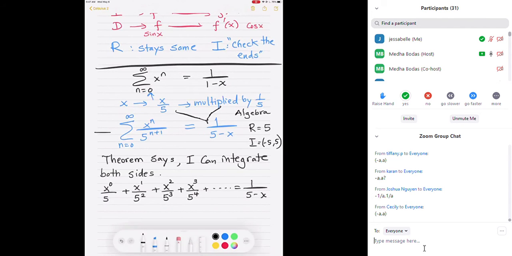I'm going to say again, this is the function, and this is your series. When is this true? This function is equal to this infinite sum when you pick x somewhere between -5 and 5.